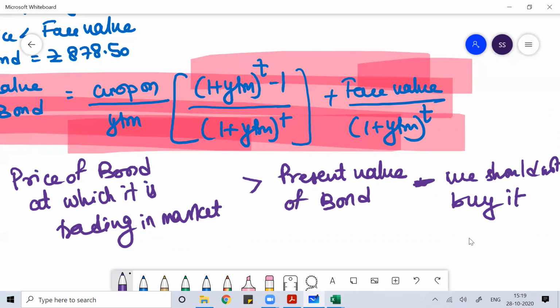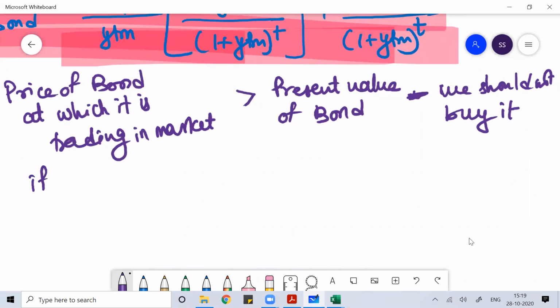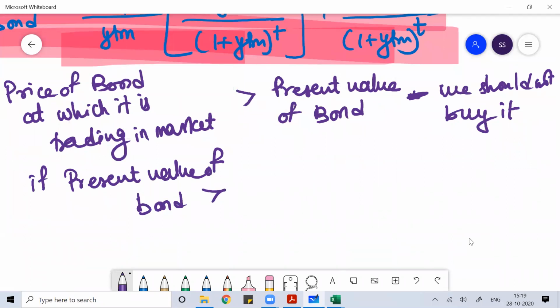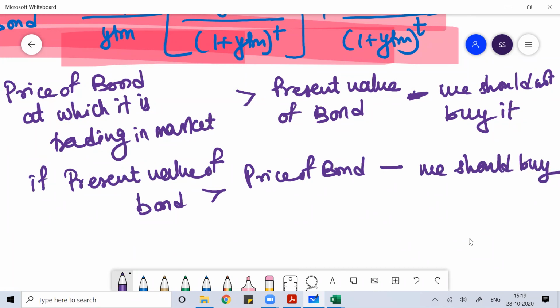While if the present value of the bond turns out to be more than the price of the bond, then we should buy the bond.